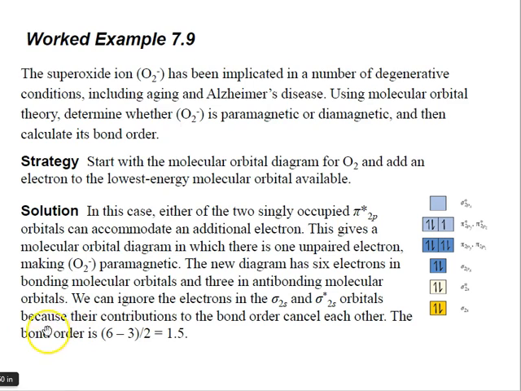So what we have left over, you'll have 6 minus 3 divided by 2 equals 1.5. So our bond order is 1.5. Bond order means how many bonds exist between them. So if it's a bond order of 1, it's a single bond. Bond order of 2 is a double bond. Bond order of 3 is a triple bond.